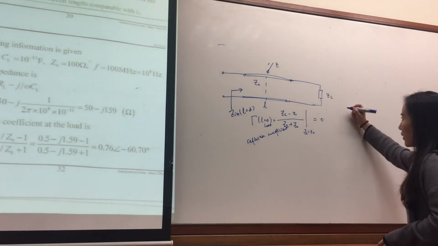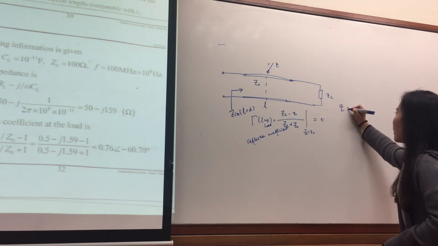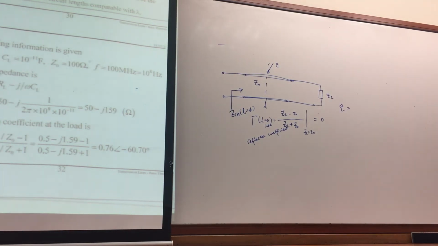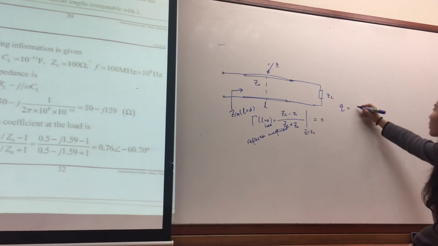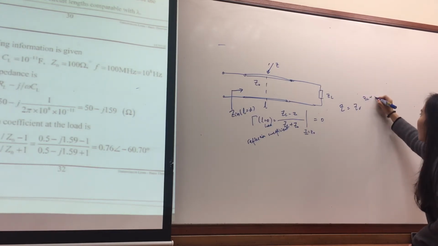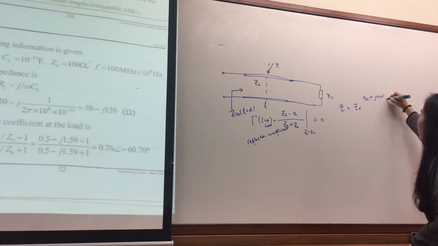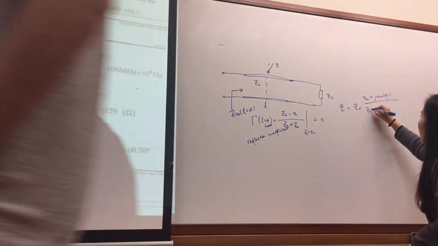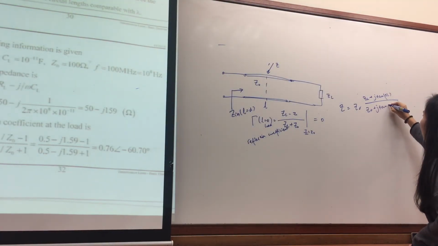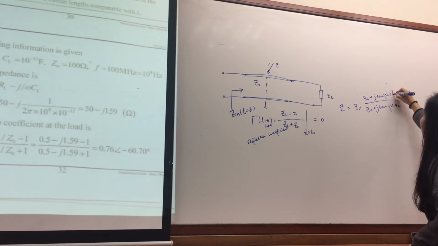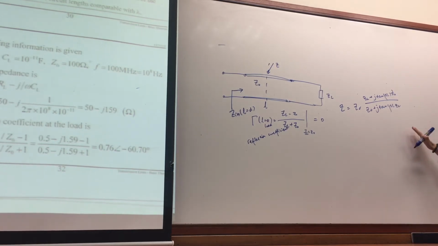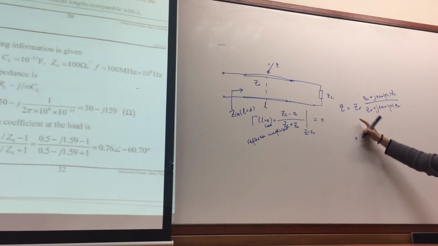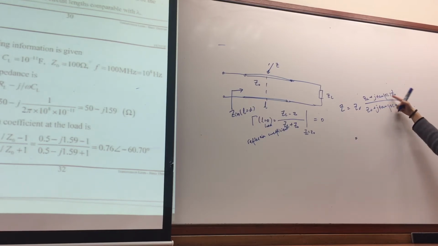Then we have the telegraph equation, Z equals Z naught times the expression with ZL and beta l. This is our telegraph equation, right? Then we just need to substitute l equals d.